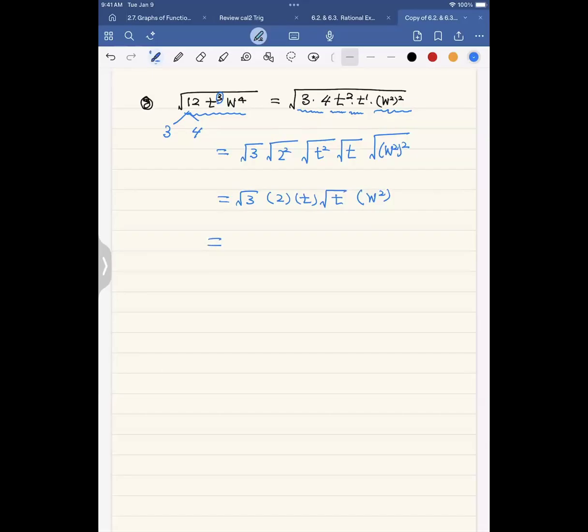So that's 2t square root of 3. Let's write the square root together. So square root of 3 times t times w squared. Let's reorganize it. Then that's 2t w squared square root of 3t.